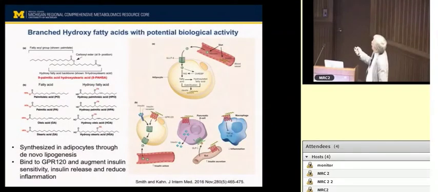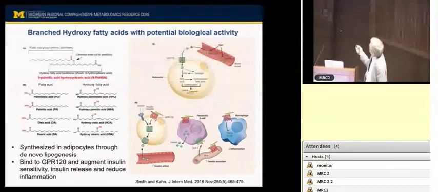I mentioned before there are branched hydroxy fatty acids with potential biological activity. Barbara Kahn published a nice Science paper, this is a review, that suggested that as you have lots of fatty acids come in, you can make these funny-looking branched fatty acids.